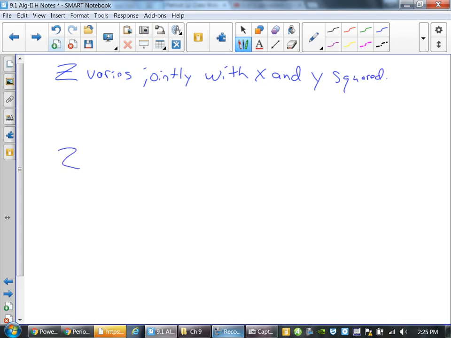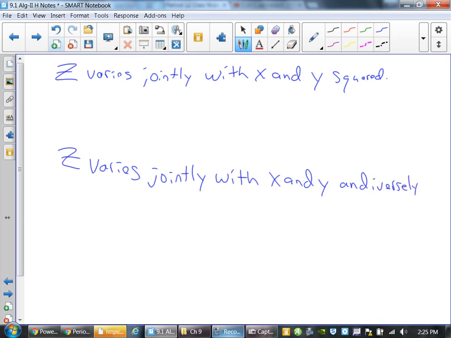Or z varies jointly with x and y, and inversely with w. Might as well. So I'll throw a couple weird ones at you.